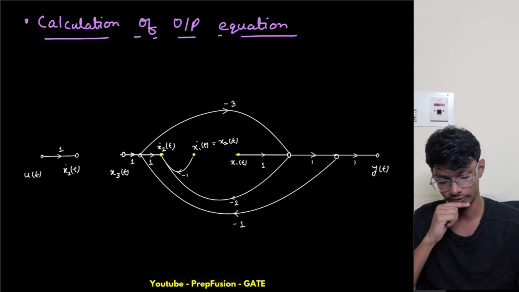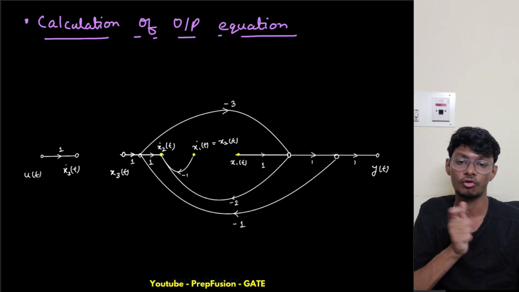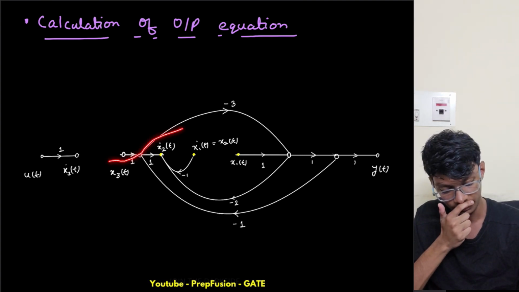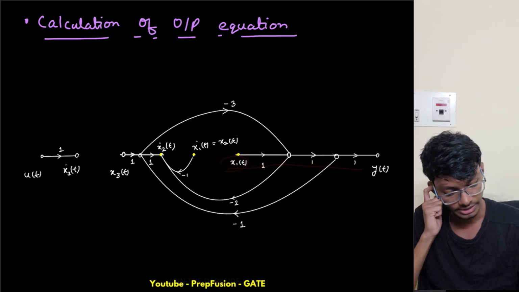Calculation of output equation. Now how many forward paths do we have? We have this forward path for the output, and also this x1 is incoming. X2 is not.